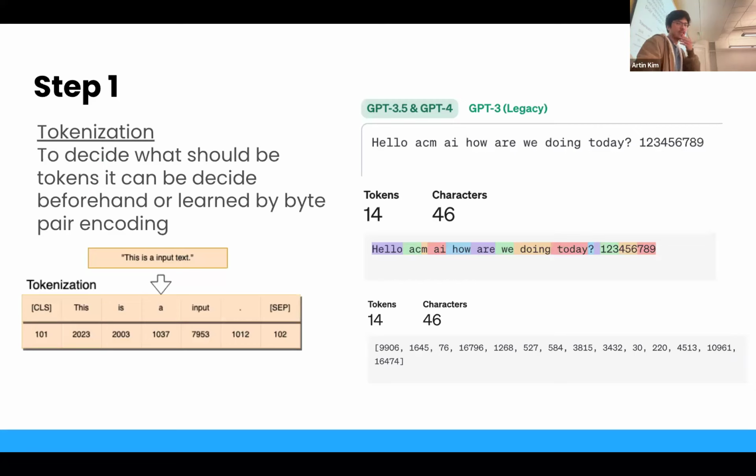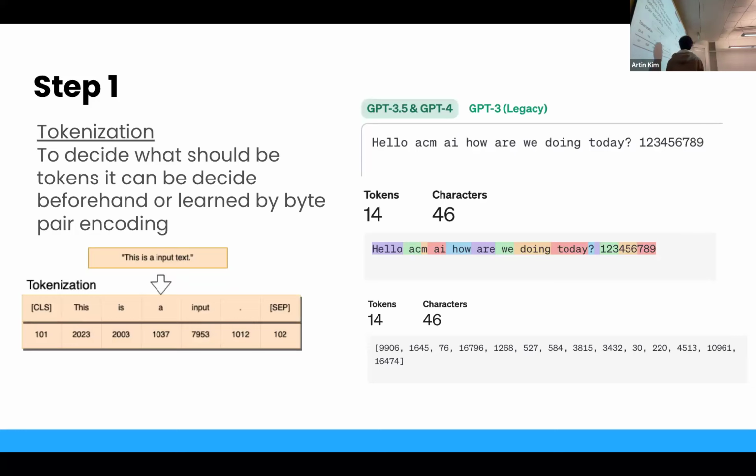So yeah, first step, tokenization. So this is "hello ACM AI, how are you doing today?" If you look up tokenization OpenAI, this is actually how it tokenizes your input to ChatGPT. It has to break that sentence apart into smaller blocks. That's the idea of tokenization. If you look, "hello" has this ID right here, and " AC" has this ID.